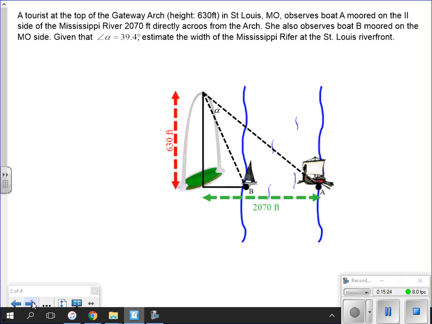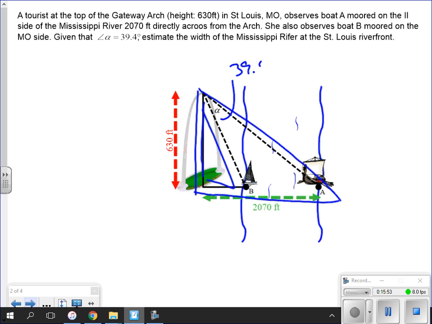Okay, it's actually not too bad. I have right triangles. I have a couple of right triangles. I have this big right triangle, and I have this smaller right triangle inside. Now, I know this angle here, that one was given to me, that's 39.4 degrees, but that's just for this small part here.